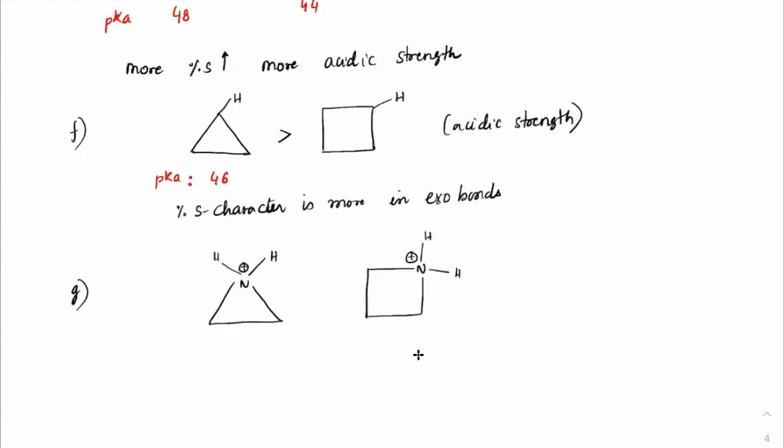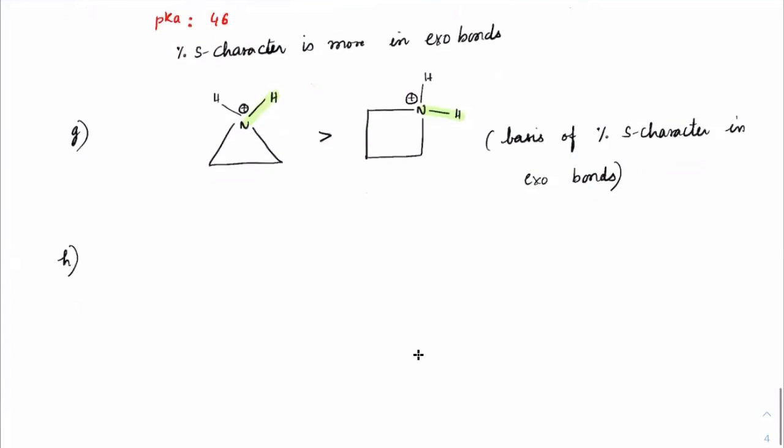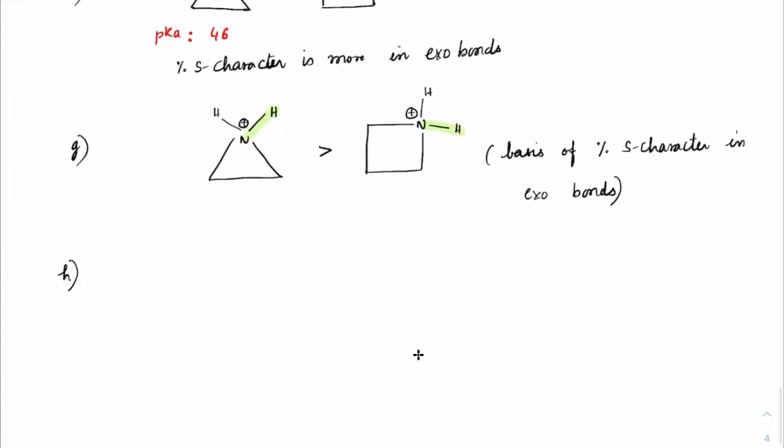The same logic applies here also. If you check this exo bond and compare it with this exo bond, in both cases the percentage s character would be more for this one. So it is on the basis of percentage s character in exo bonds.